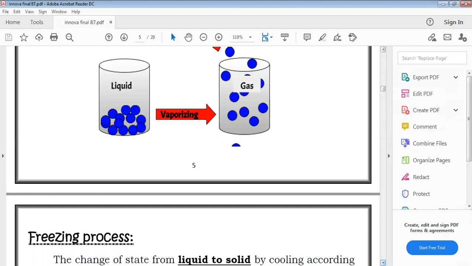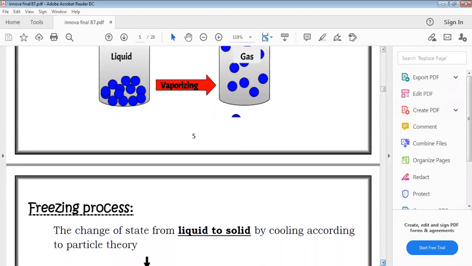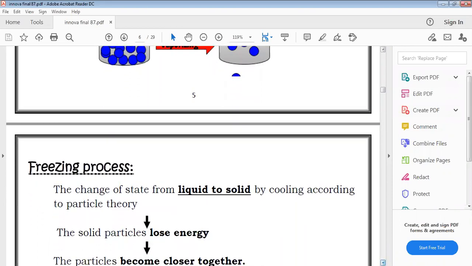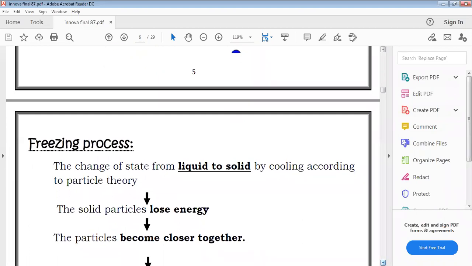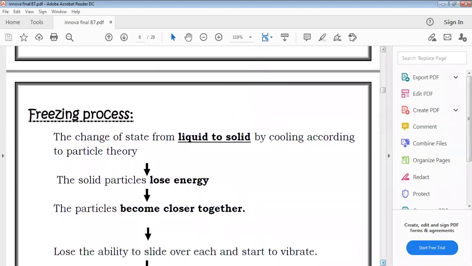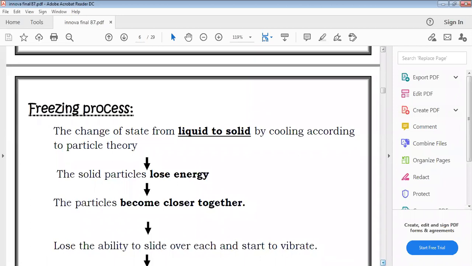Liquid to solid, what happened to it? It loses energy. When it loses energy, it will not move faster. And what will happen? The particles become closer to each other. When liquid particles become closer to each other, now it will lose the property of liquid and start to turn into solid, packed together.